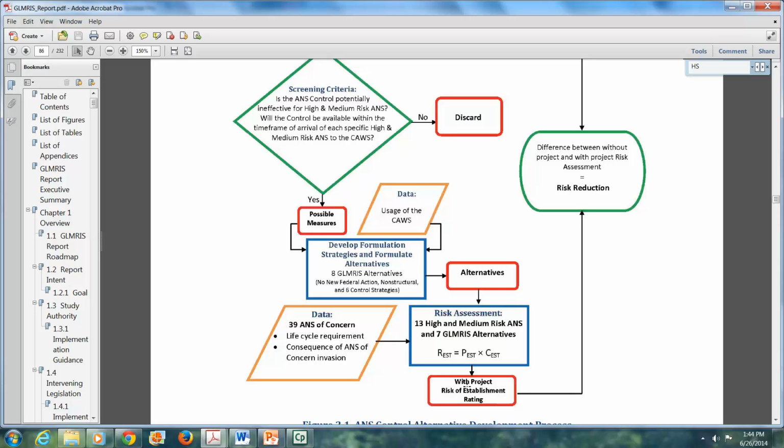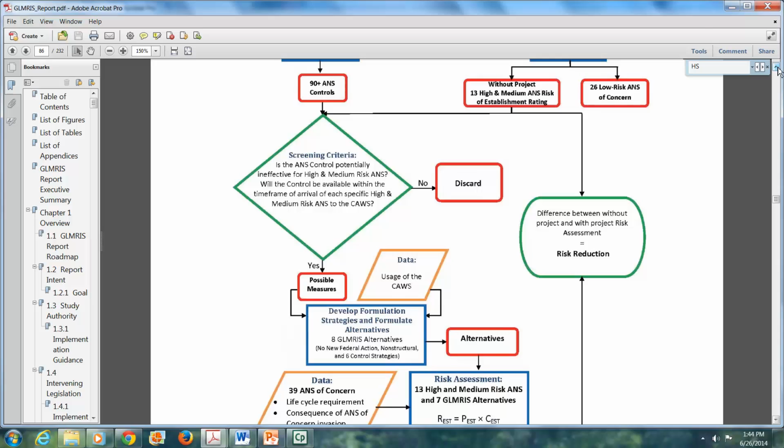So this gave them a with project risk of establishment, and this could be compared to the without project risk rating, and the difference between those two defined the risk reduction.